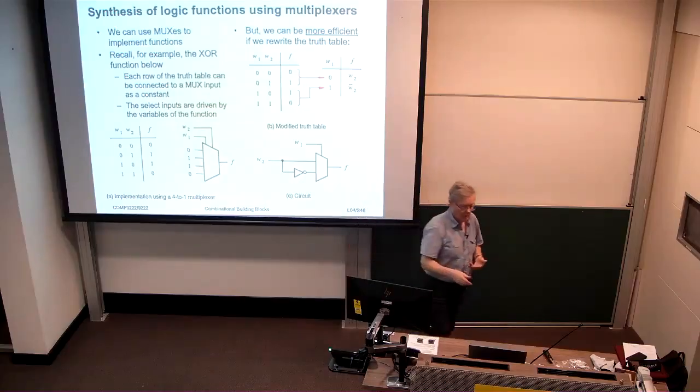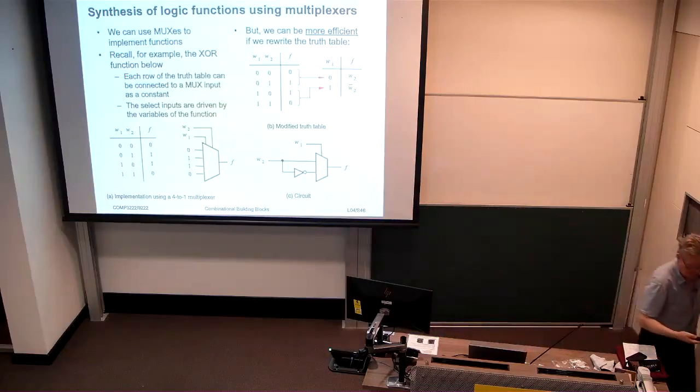We can be more efficient, we found out previously already, by using a 2-to-1 mux rather than a 4-to-1 mux, in which we use one of the variables, one of the input signals that's going to be determining what the function should be, as selector on a 2-to-1 mux.